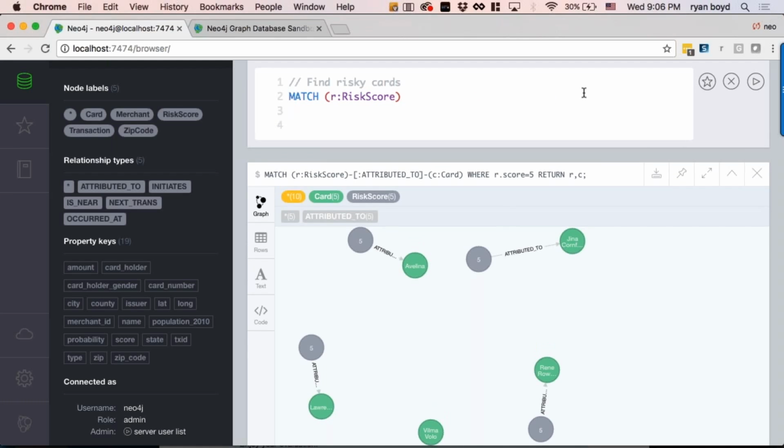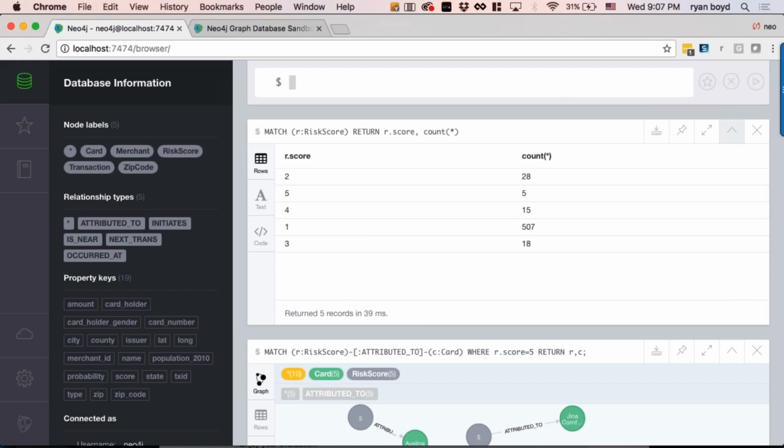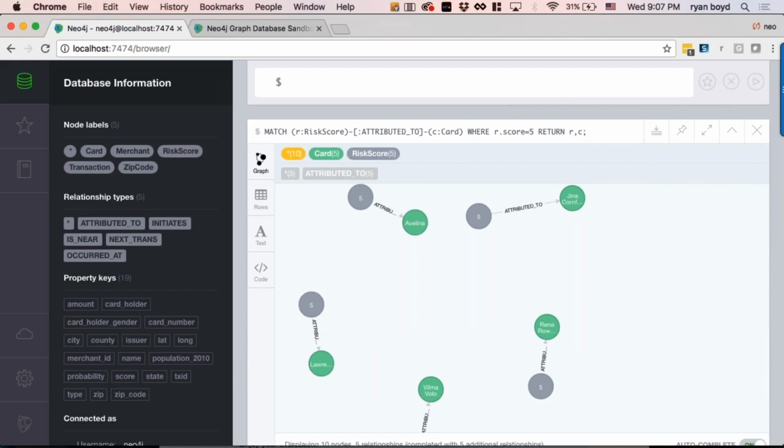I'm going to match our risk scores and return r.score and the count, and we'll see our overall distribution here. So most of our cards are actually very low risk, and we only have a handful of super risky cards. But let's look at those risky cards here.